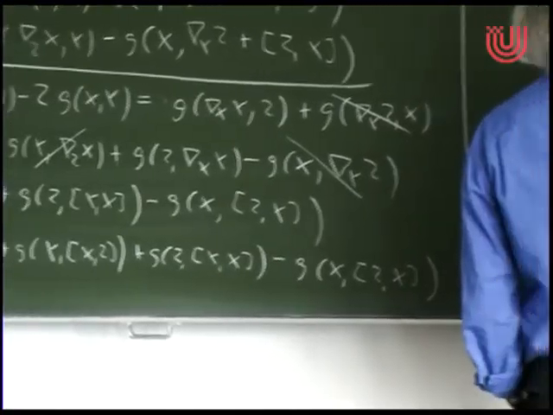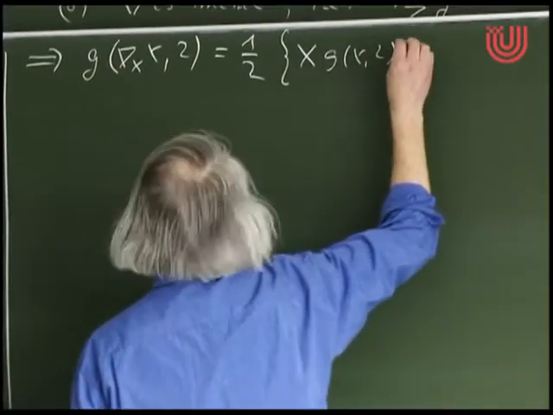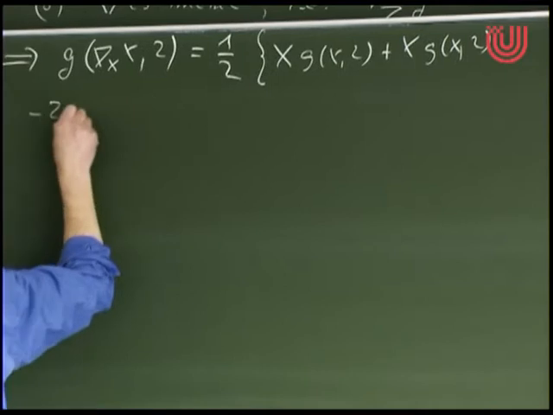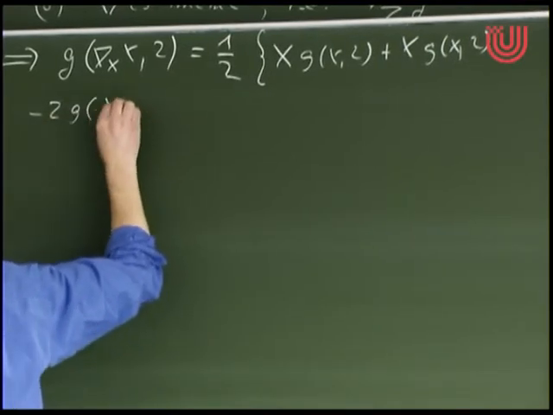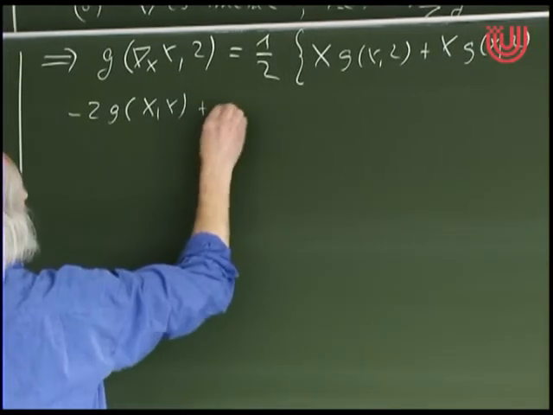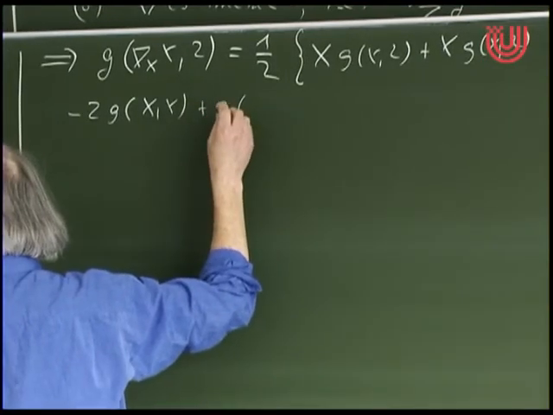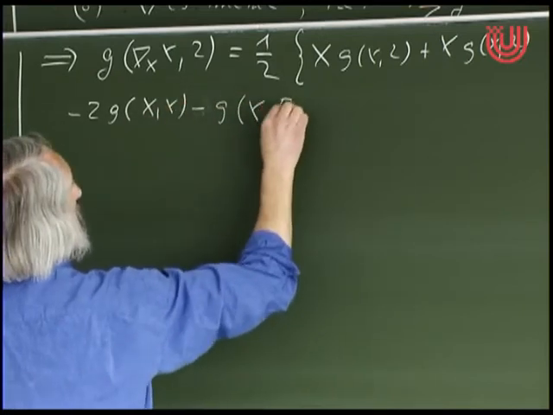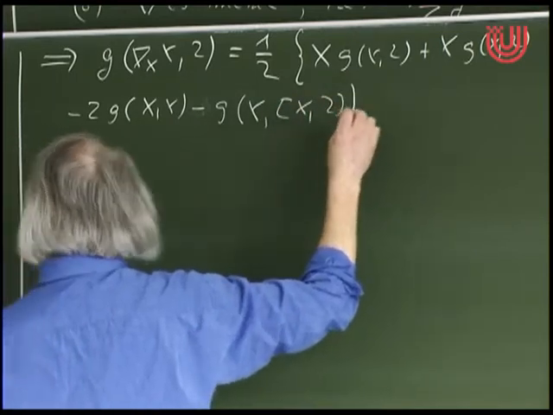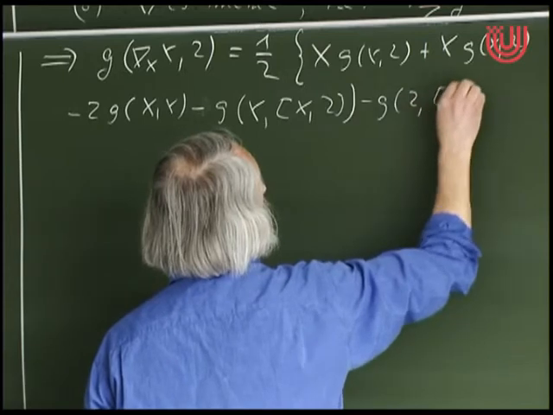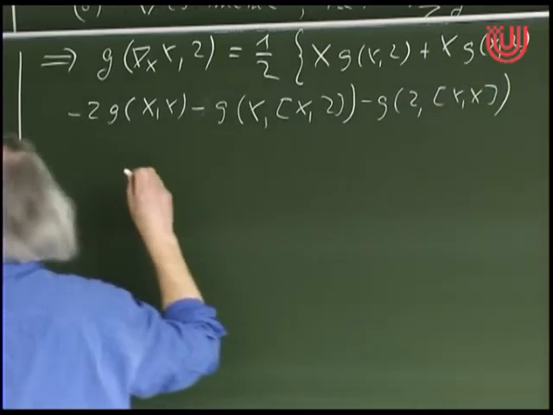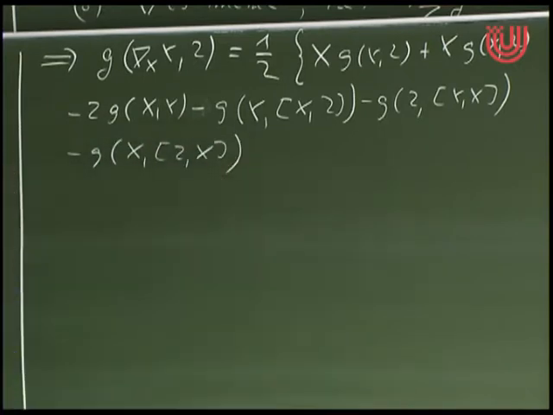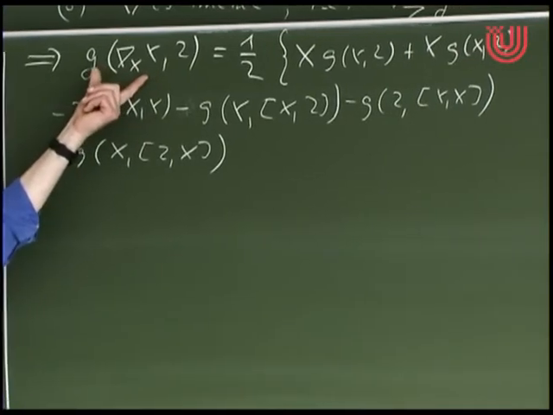I get x g(y, z) plus y g(x, z) minus z g(x, y), and then the Lie bracket terms, minus g(y, [x, z]) minus g(z, [y, x]) minus g(x, [z, x]).